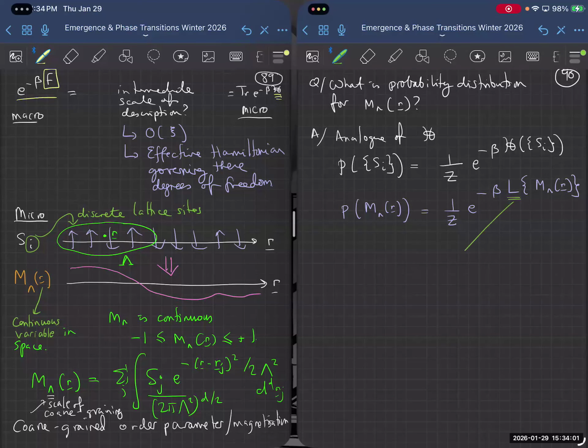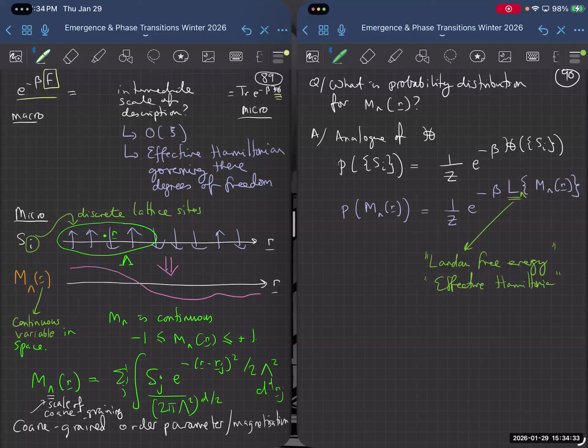This object is called the Landau free energy. It's sometimes called the effective Hamiltonian. Because m, the degree of freedom that it governs, is a function of scale, in principle this L is also a function of the scale lambda. That's the thing we want to know. How do we construct it?